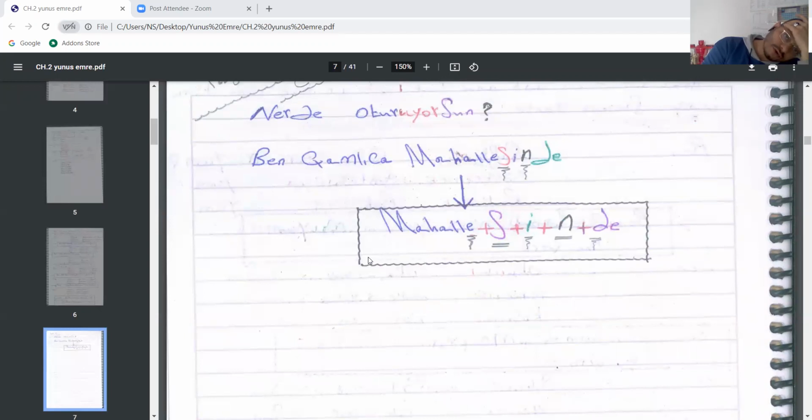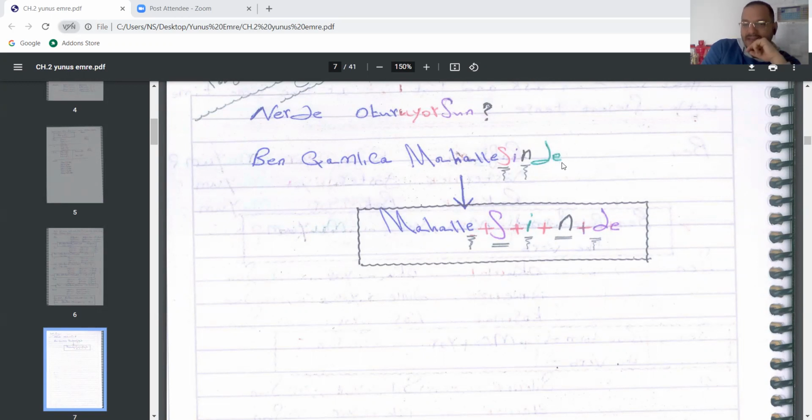Here it's an important note. When I say I'm living at the Çamlıca Street, okay? Here in the Turkish language, these endings are important to us, because Çamlıca is the name of the street.